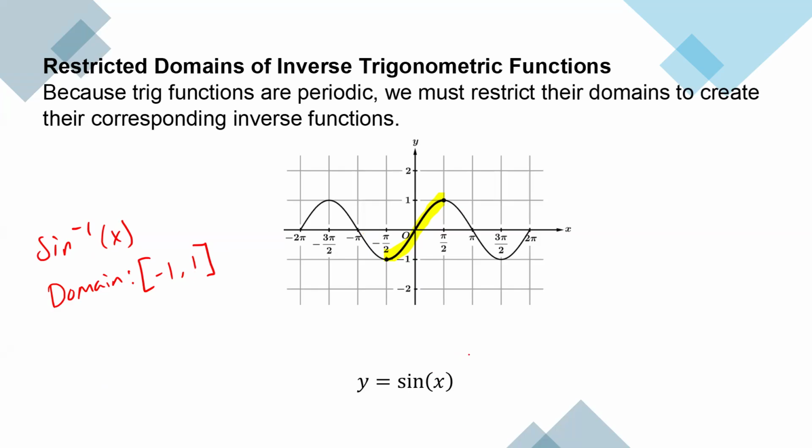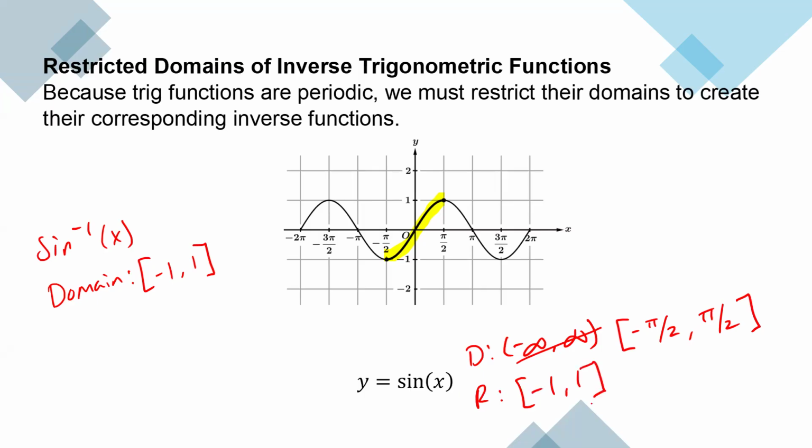Currently for sine x, I should have written it out. Our domain is from negative infinity to positive infinity. However, because we want to find an inverse of it, we're restricting the domain, right? So our restricted domain is going to be from negative pi over 2 to positive pi over 2, correct? Our current range is from negative 1 to positive 1.